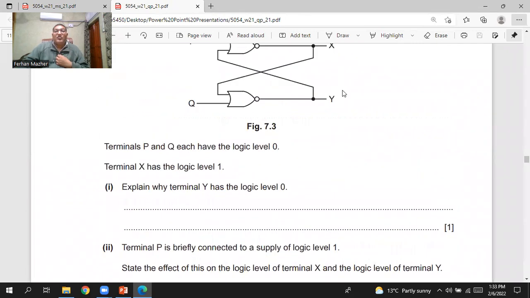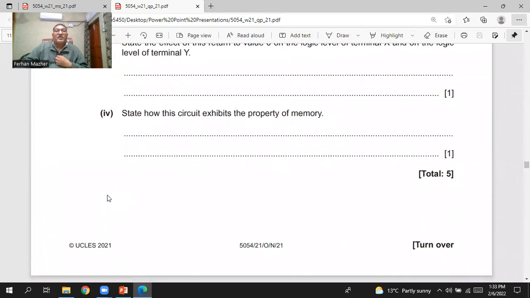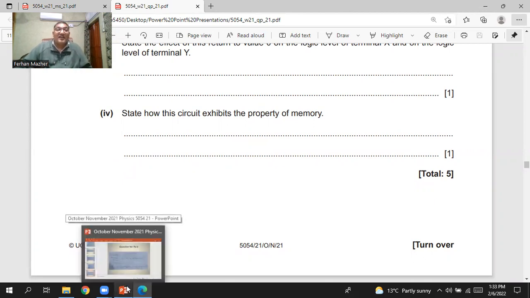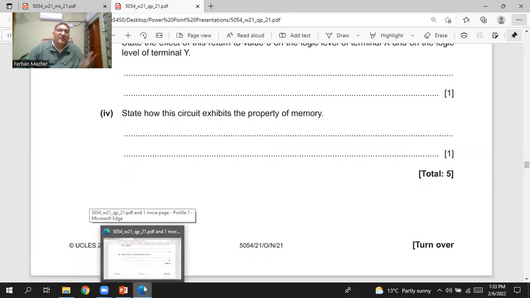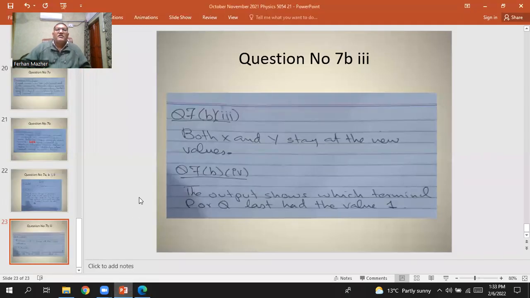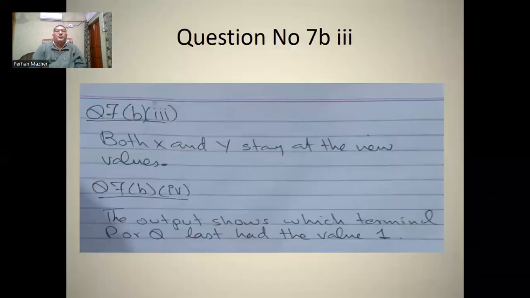These outputs can tell you what was the last state of the input at P or at Q. It's just a statement, remember that: the output shows which terminal, P or Q, last had the value 1. So the outputs can show you which one has the value 1.